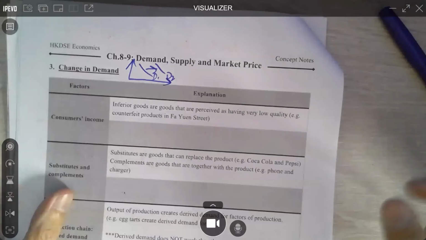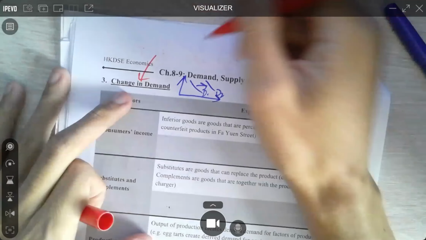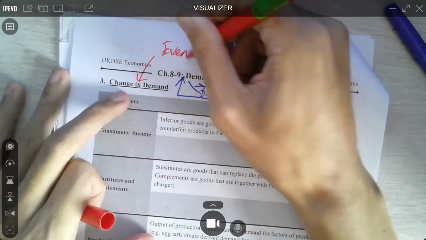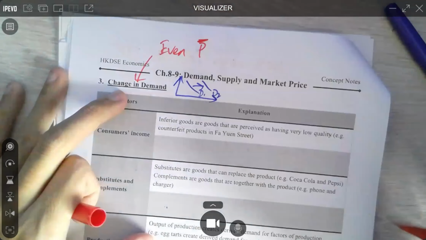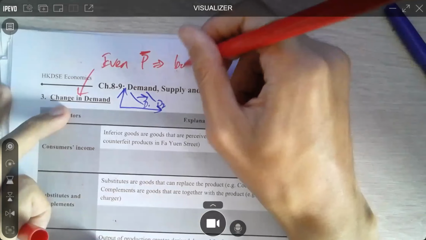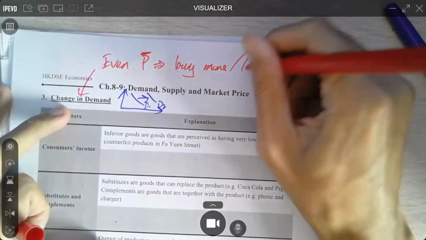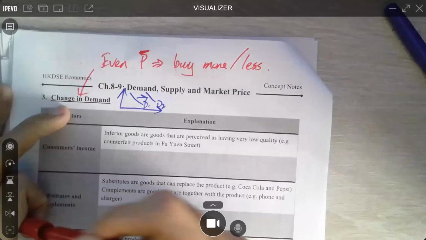Now, for change in demand, we can say things like this. Even if price remains unchanged, I still buy more or buy fewer of them.